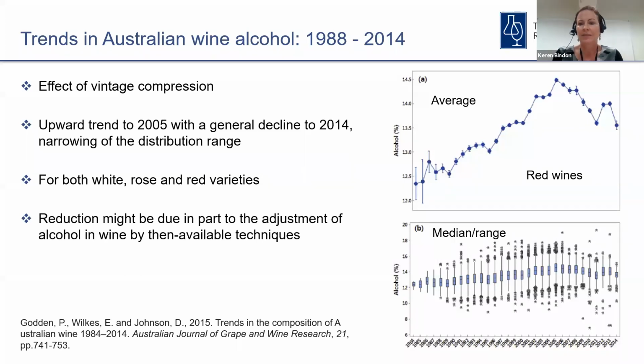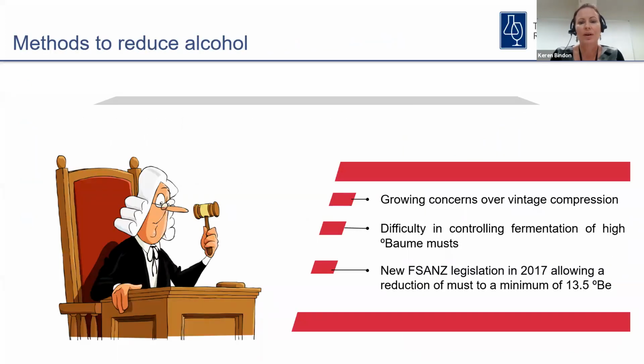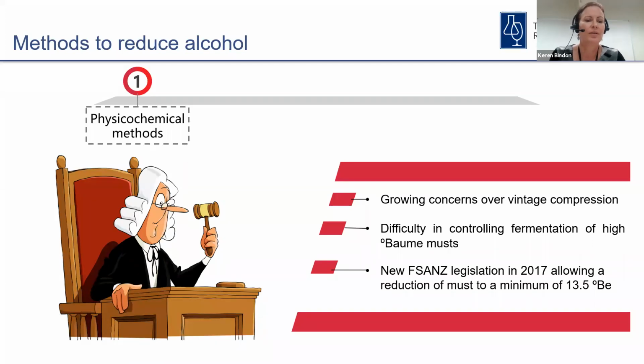So we still find ourselves in the situation where we do need to manage wine alcohol, and there are various techniques available to us. The obvious ones, as I've just alluded to, are physicochemical methods like reverse osmosis. But what we've also done in historical research at the AWRI is to look for new yeast strains that actually produce lower alcohol.